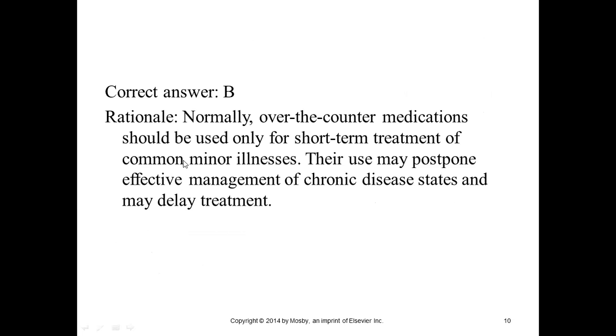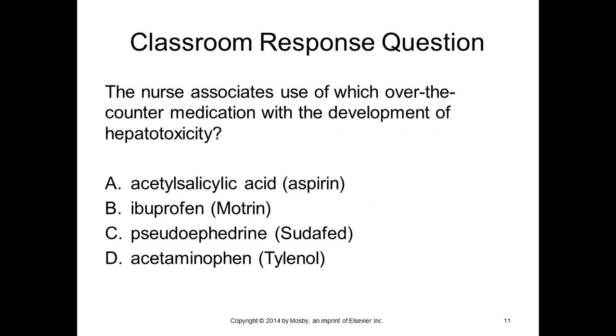So explanation. Over-the-counter medication should be used only for short-term treatment of common minor illness. And this use may postpone effective management of the chronic disease, right? And may delay the treatment options. The nurse associates use of which over-the-counter medication with the development of hepatotoxicity?